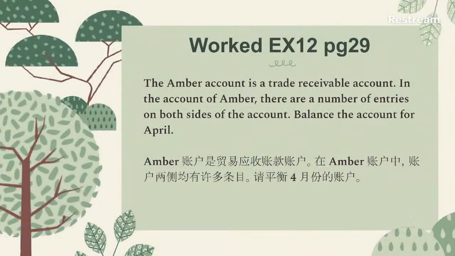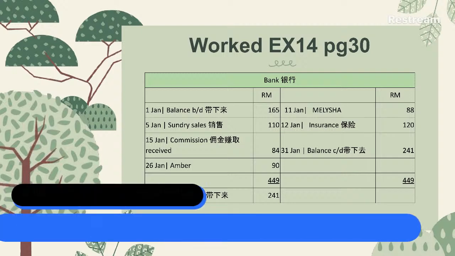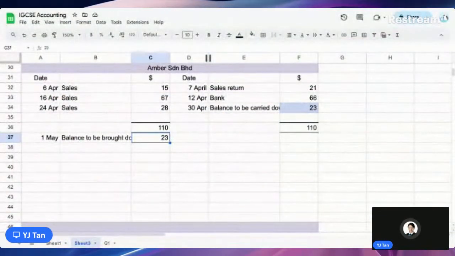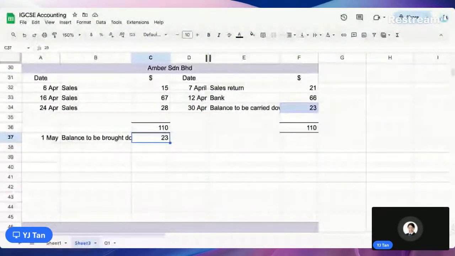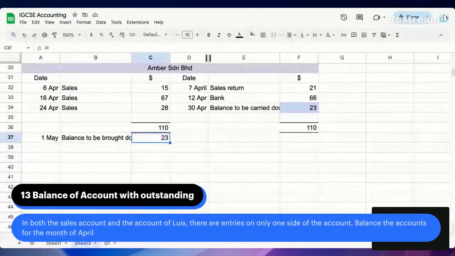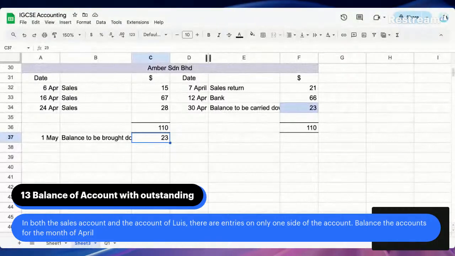Let's have a look at the next exercise. We have another exercise, 18. We're showing the T account in order for me to share with you. The next exercise to show you is the balance of an account with some outstanding amounts.